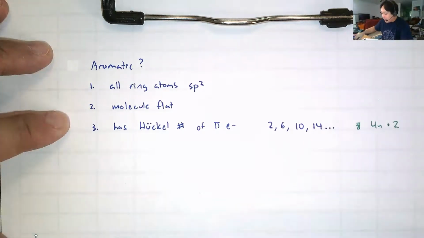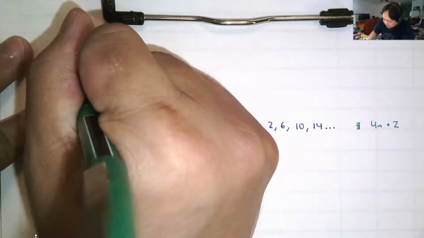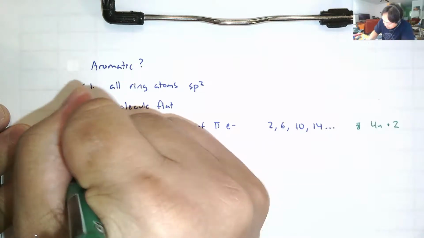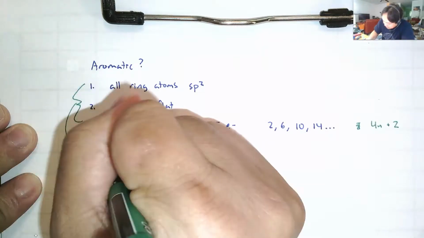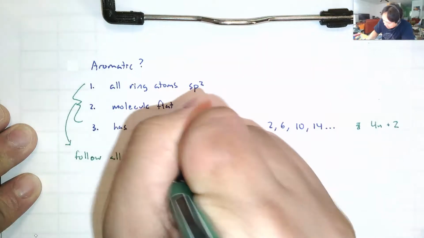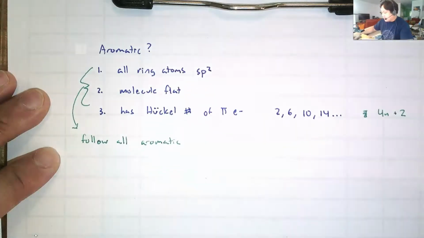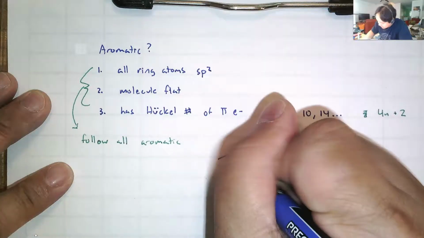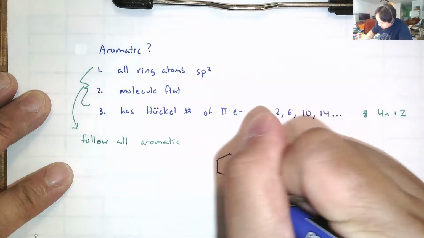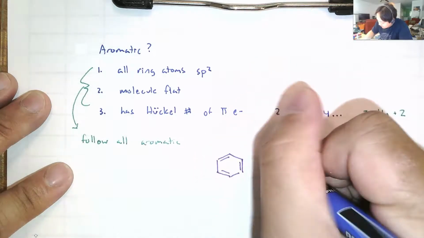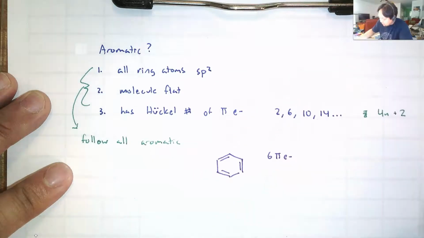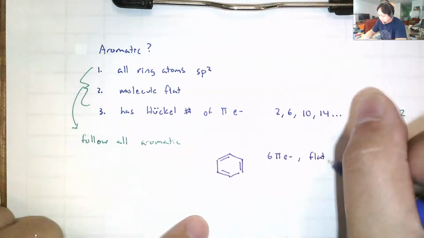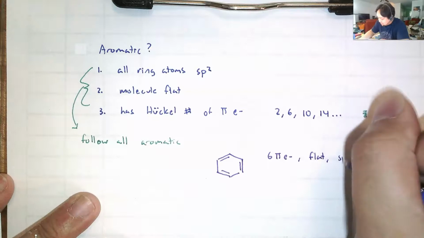So if you follow all 3 of these rules, that molecule is aromatic. Benzene is an example. You have 6 pi electrons. It is definitely flat, and every atom on the ring is sp2.